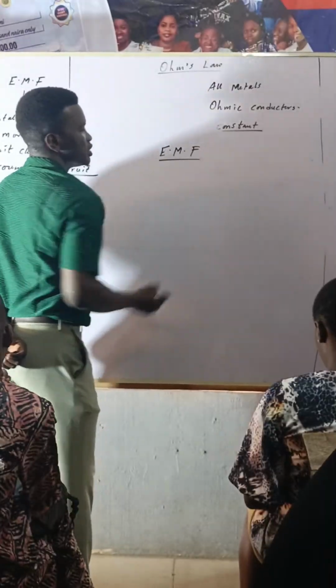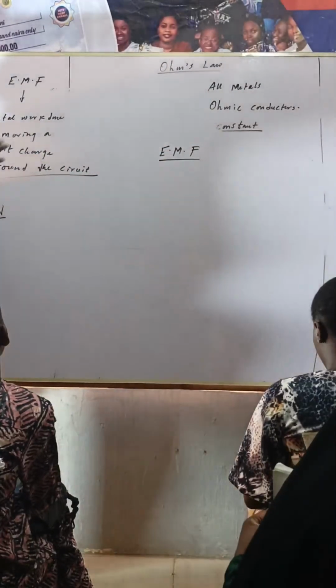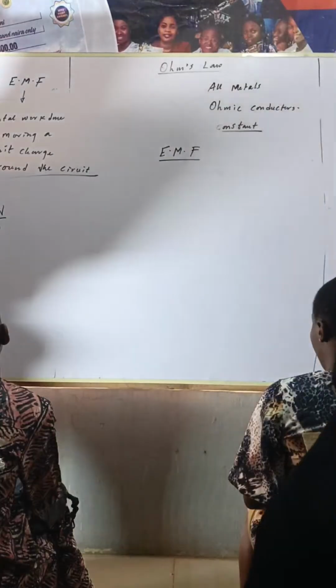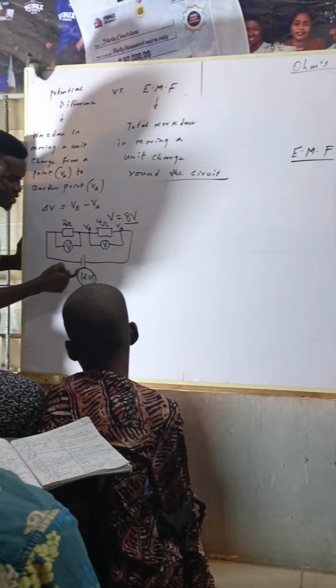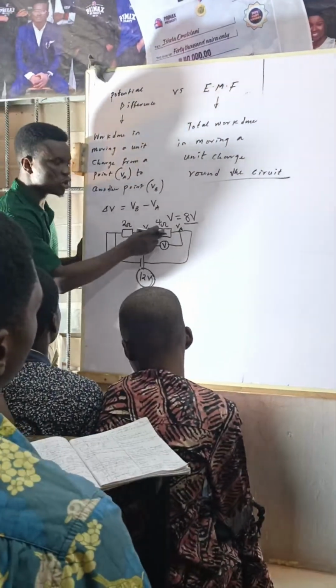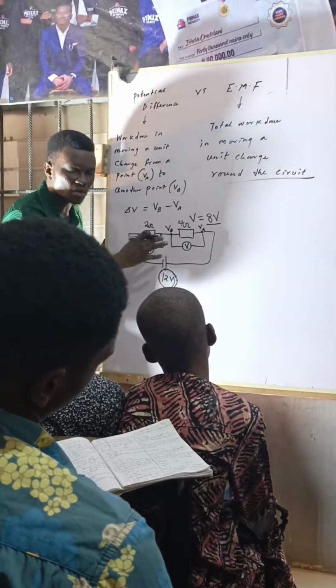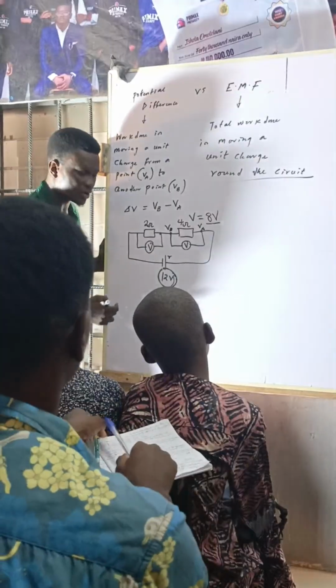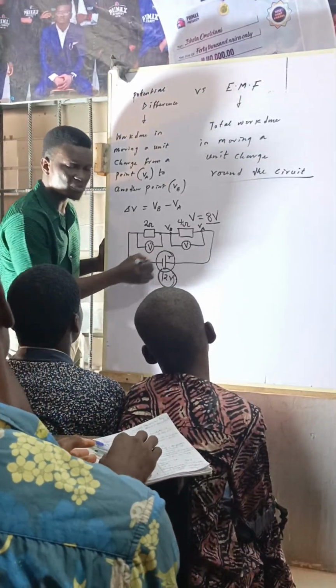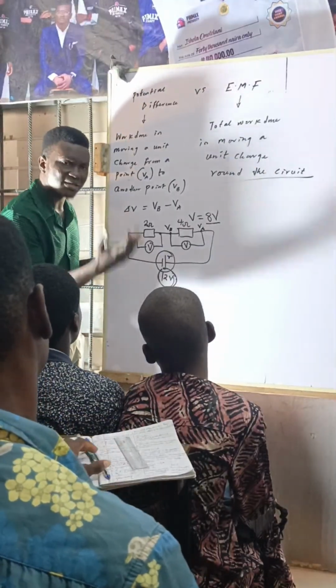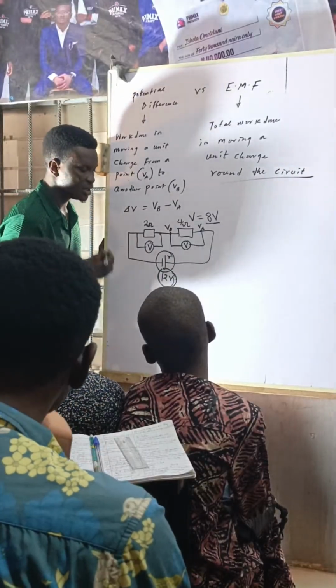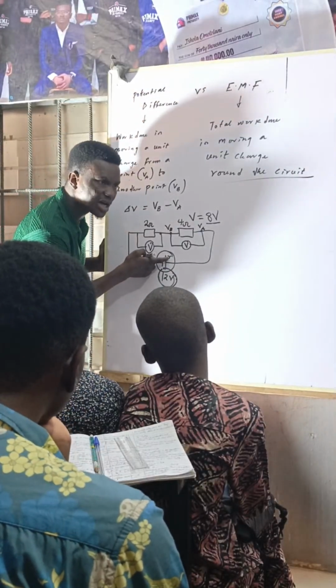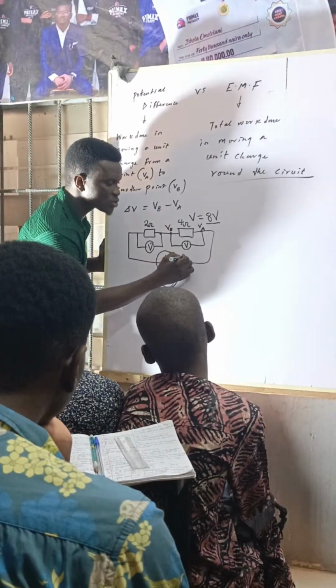EMF is called the total. So if there's an internal resistance, let's say this battery has its own opposition, a resistor, then it has a small r. That small r is called the internal resistance of the battery. Every material has its own resistance. Now, let's say this internal resistance is 1 ohm.